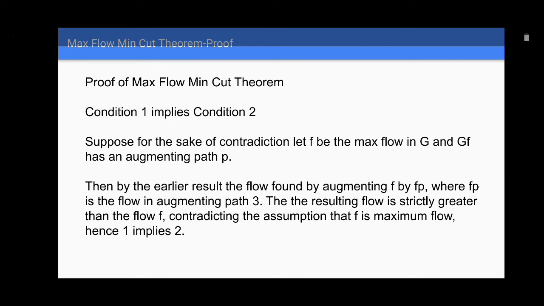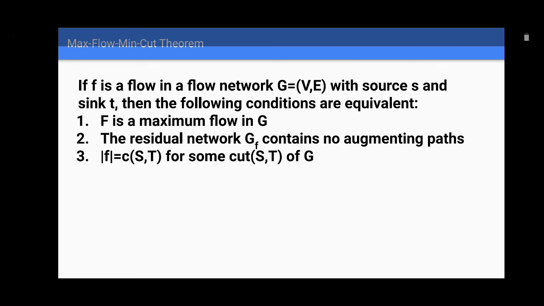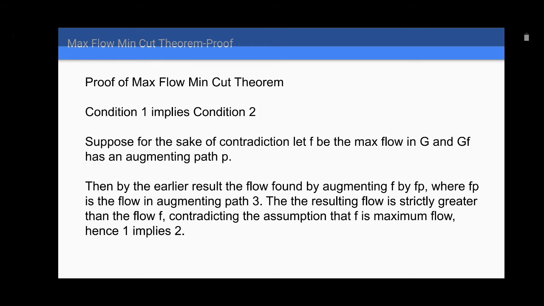Now we'll try to prove this. Proof of max flow min cut theorem. Condition 1 implies condition 2. What does it mean? That is, if f is a maximum flow in G, then there are no augmenting paths in the residual network. For contradiction, let us assume that f is the maximum flow in G and Gf has an augmenting path p.